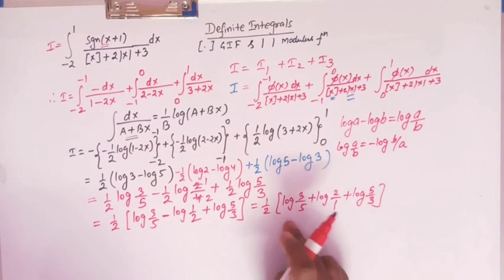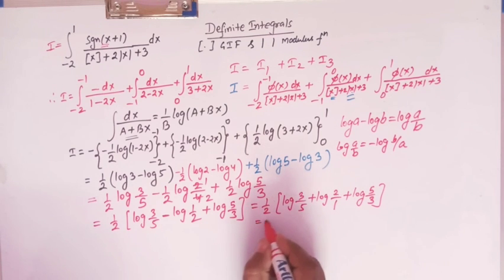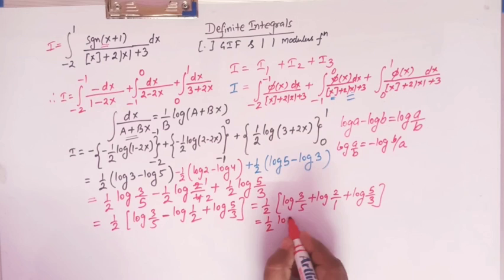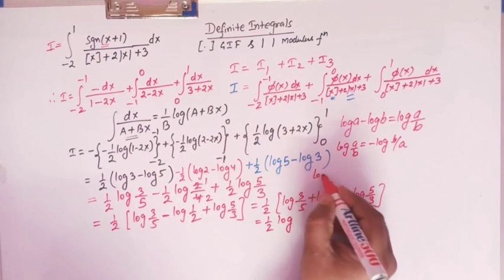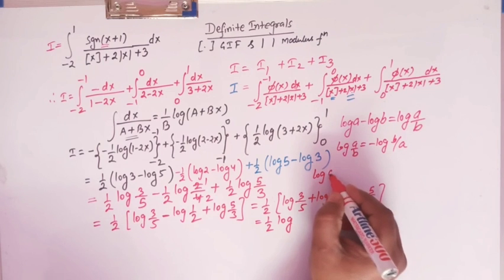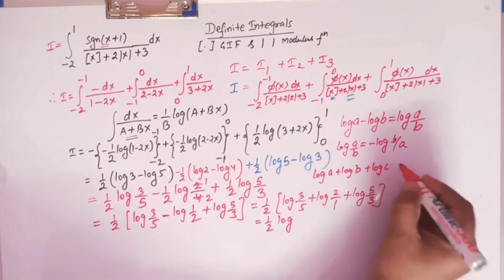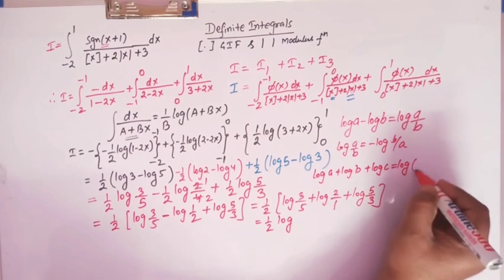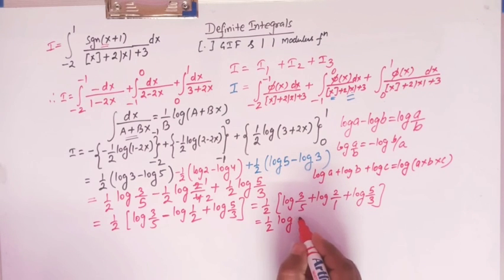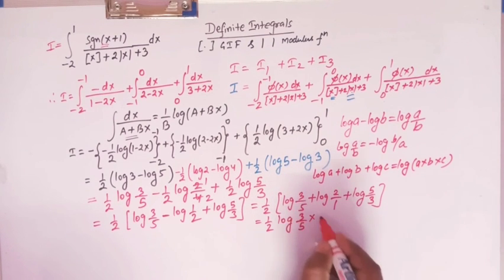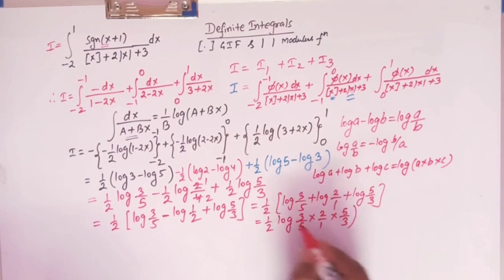Now these three terms can be combined by again using the property of log, which says that log a plus log b plus log c is equal to log of a times b times c, right? So here we have log 3 over 5 times 2 over 1 times 5 over 3, right?